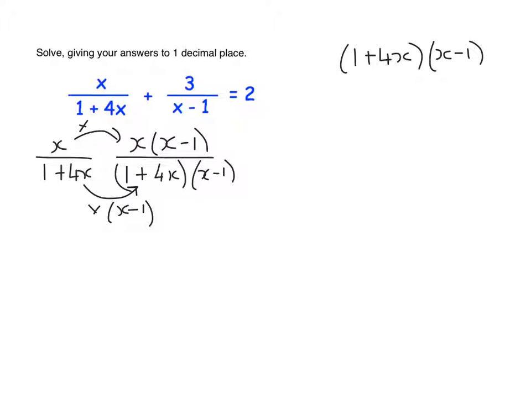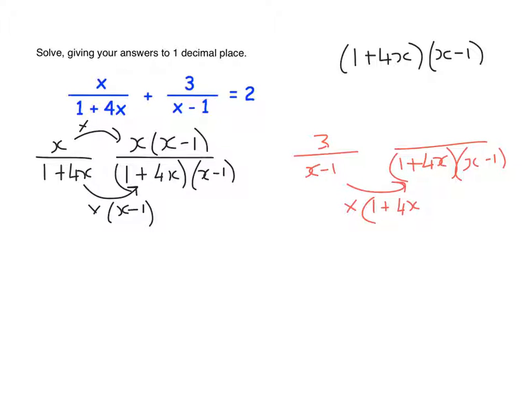And to get from 3 over x minus 1 to a common denominator of 1 plus 4x times x minus 1, I'm going to need to times by 1 plus 4x. So I'm going to have 3 times 1 plus 4x.